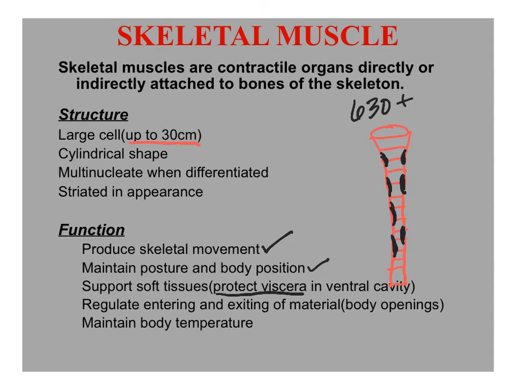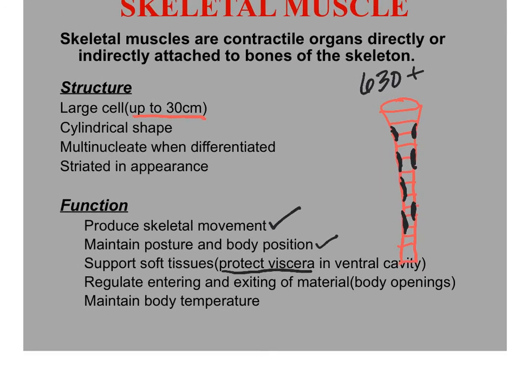And probably one of the things that you might know, but just don't think of in a scientific sense, is that skeletal muscle is the primary reason we as humans are able to maintain 98.6 degrees. And the reason for that is this.